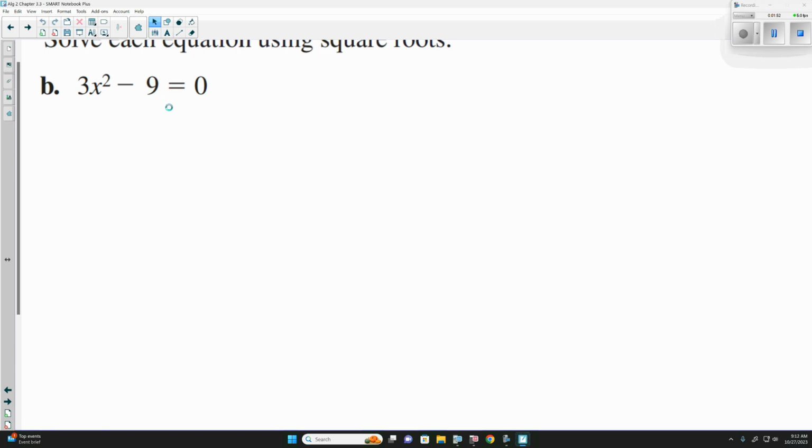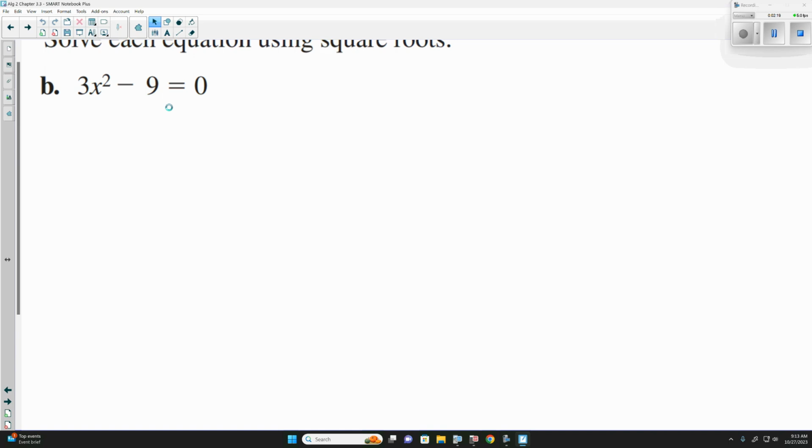So 3x squared minus 9, we can see it does not cross at an integer spot. So it's either fractional or irrational. It's one or the other.